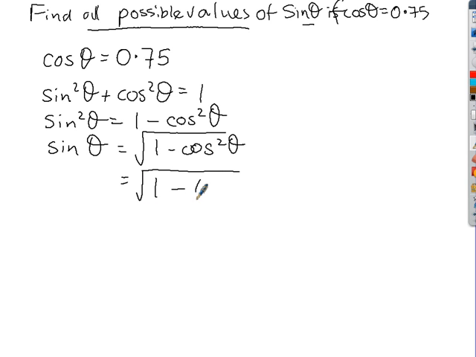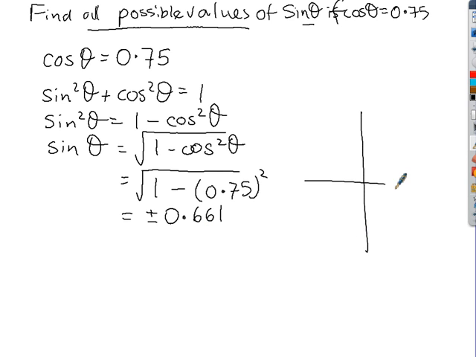It's equal to the square root of 1 minus 0.75 squared, and using my calculator again, I get plus or minus 0.661. So I've got two values for sine theta now. It could be positive 0.661 or it could also be negative 0.661.